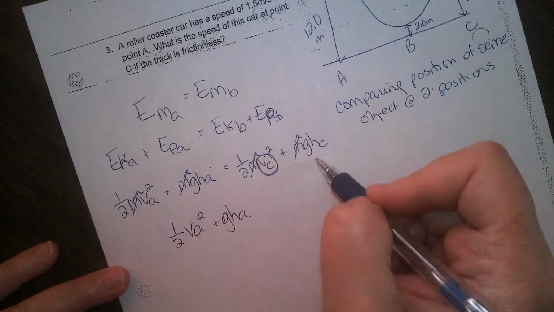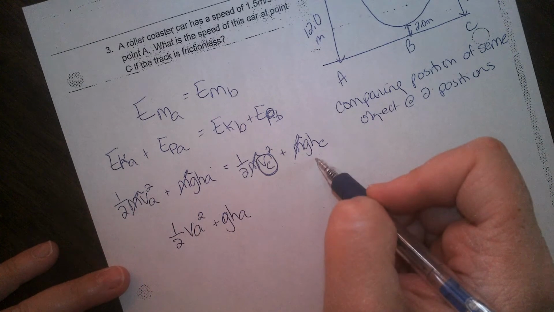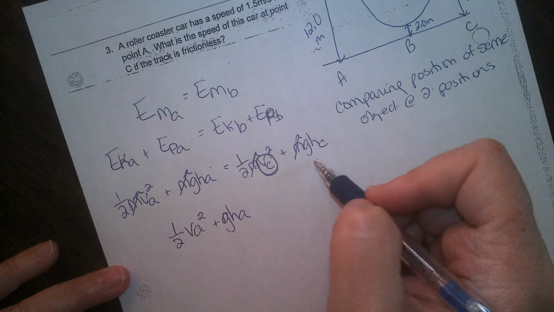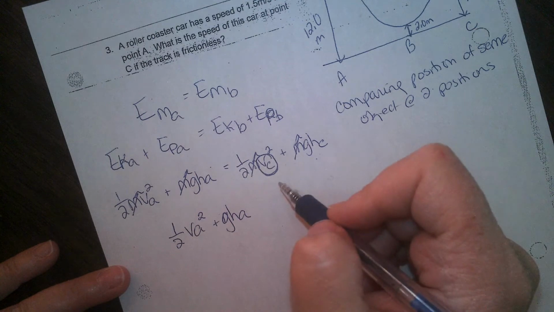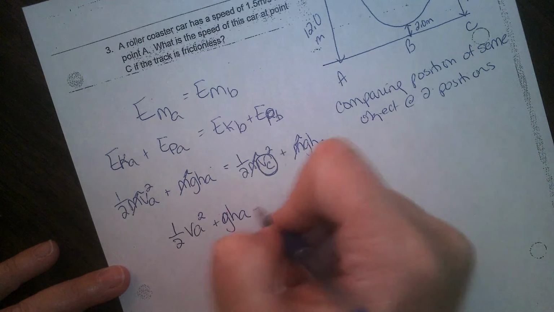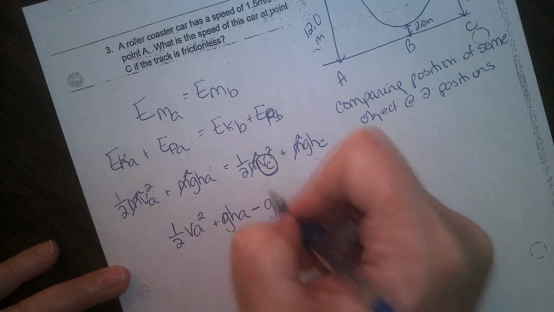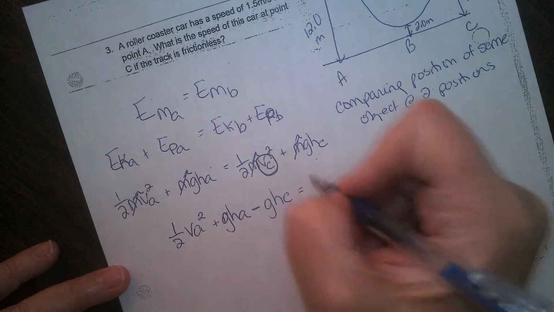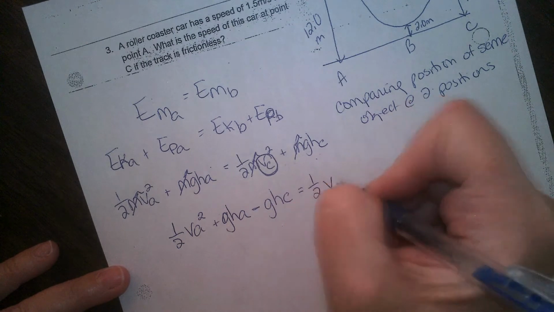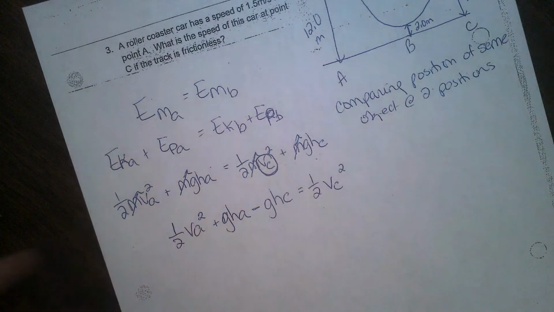We're going to move this guy over. What do we need to do? It's being added, so we need to subtract it. So minus ghc is going to be equal to 1/2 VC squared. That's the first step. We got VC on one side, we got everything else on the other side.